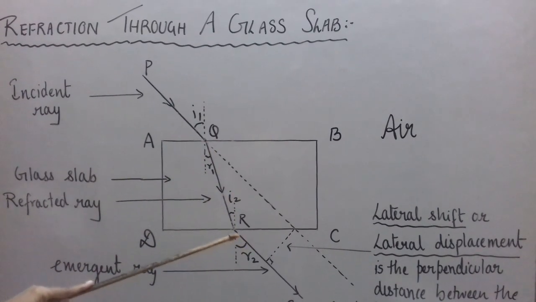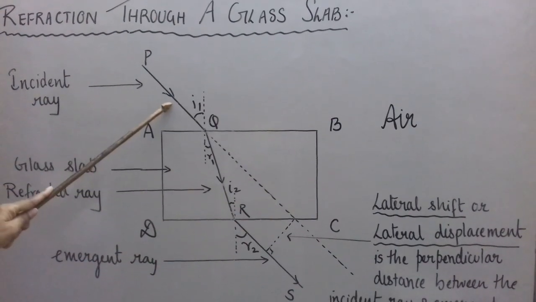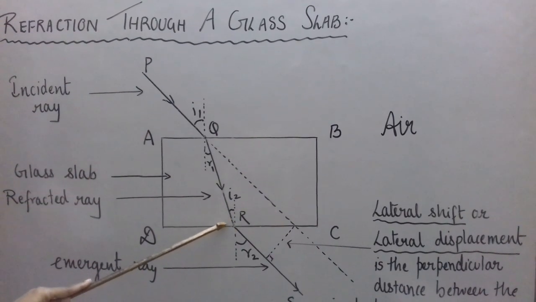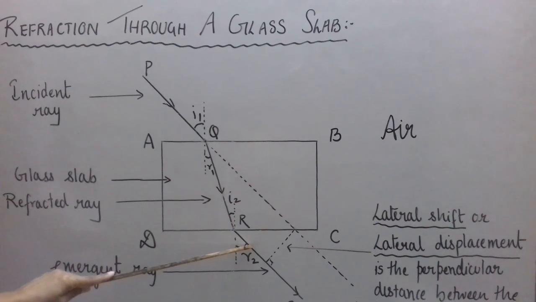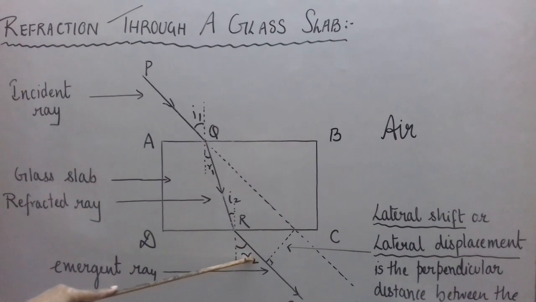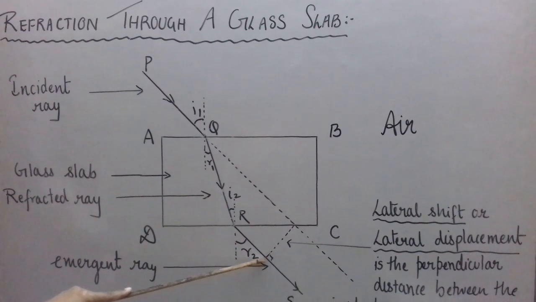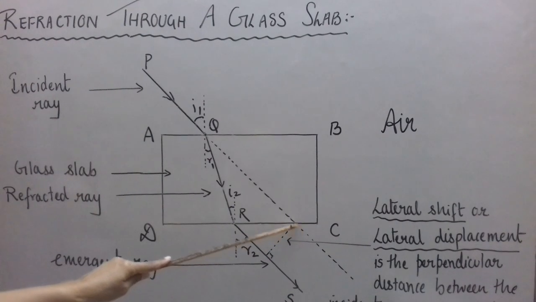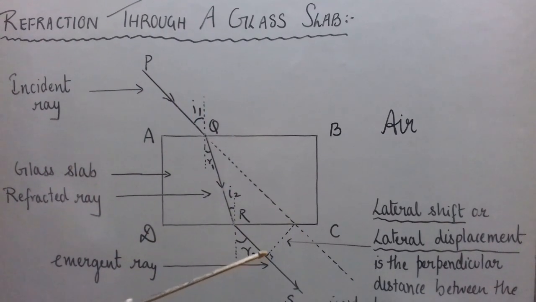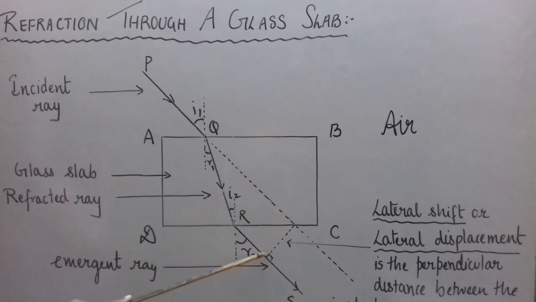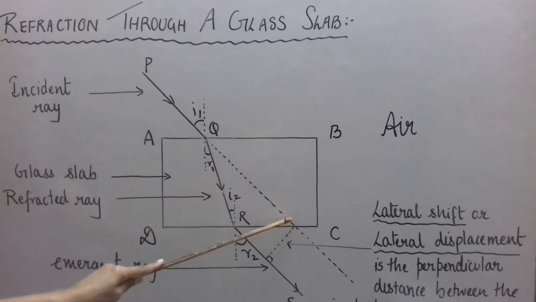Now this is the original direction of my incident ray. Otherwise I could have bent it a little bit more or a little bit less, but remember I have kept this ray parallel to the dotted produced incident ray, because through experiment we can prove that the ray which comes out of the slab is always parallel to the incident ray.